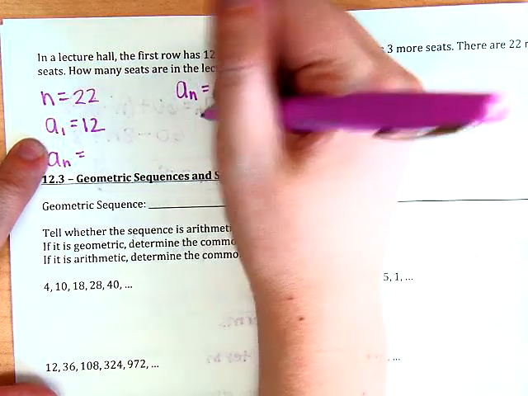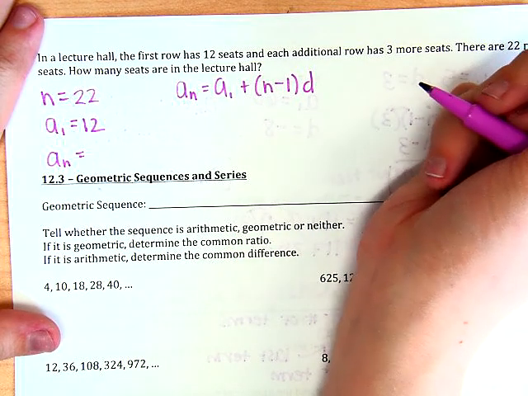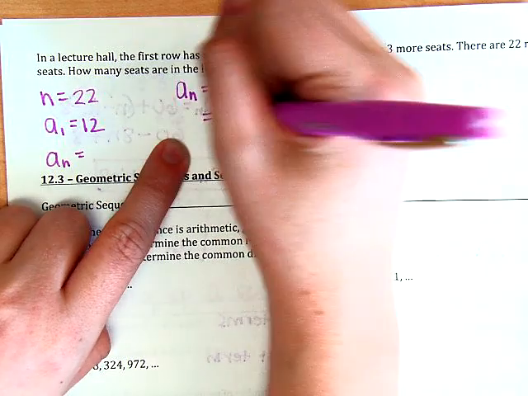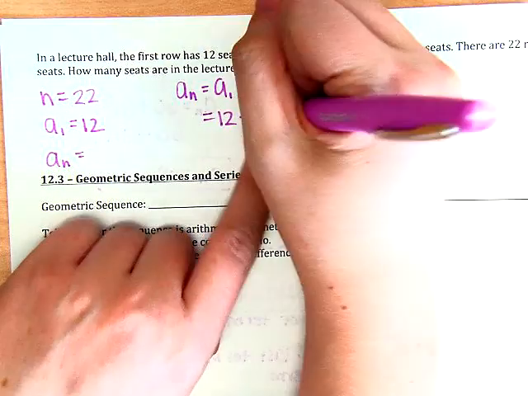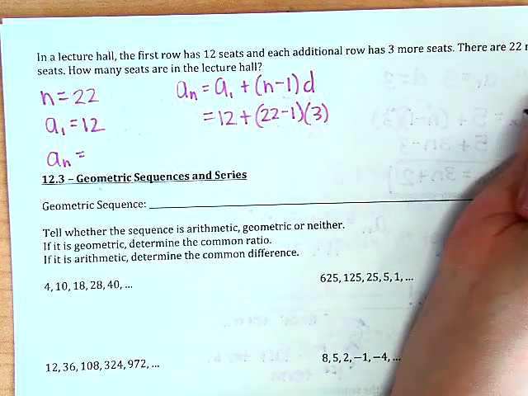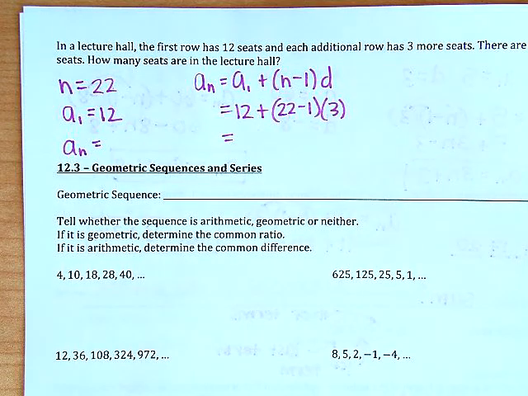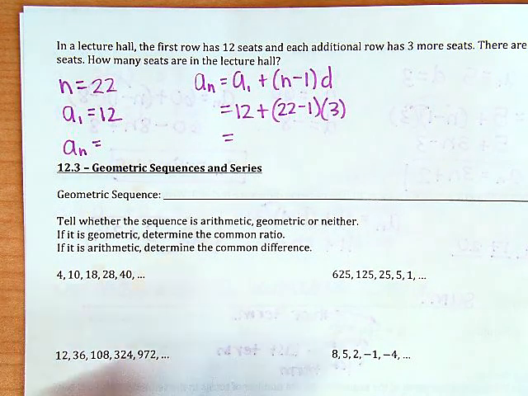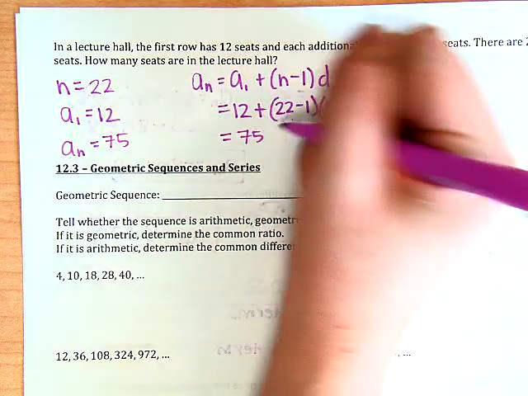Let's see, do I have an? No, that's what I'm looking for. So it equals my first term, 12, plus, I want to find my 22nd row, 22 minus 1 times my common difference. I'm adding 3 seats per row. So then if I do that, 21 times 3 plus 12, I find out there's 75 seats in the last row.